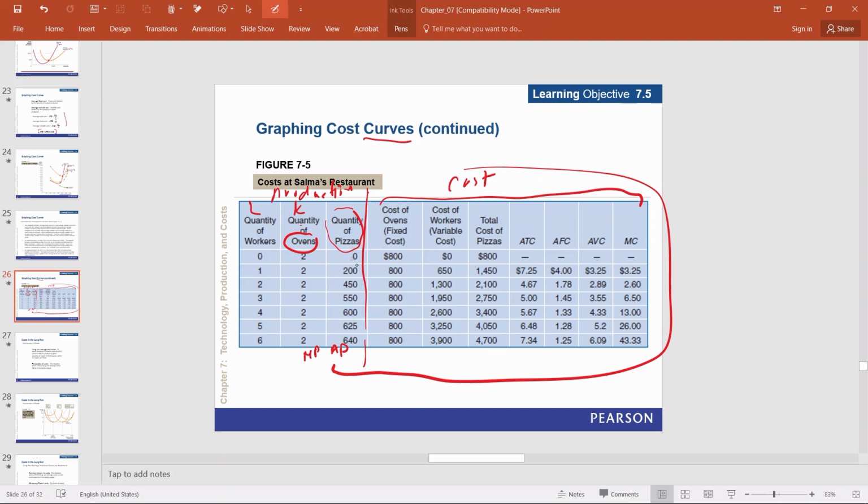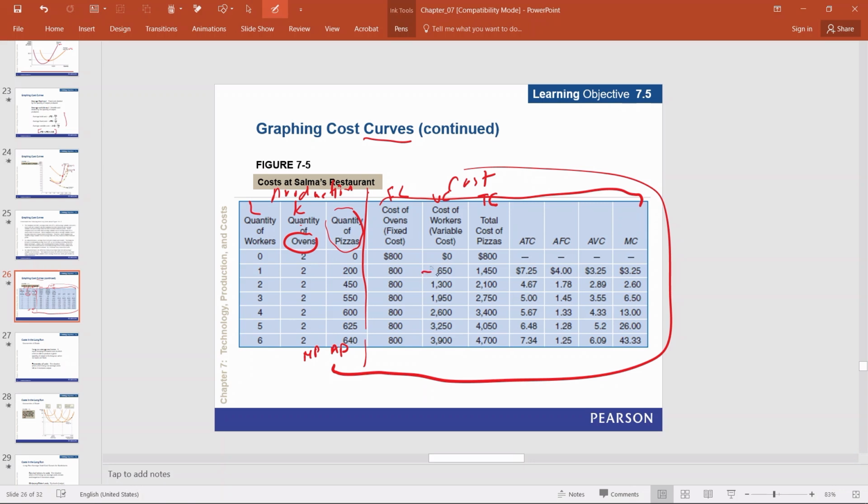When production is 0, no labor is used or hired, then this is the fixed cost. And the fixed cost in this case equals total cost, because variable cost is 0. This is variable cost, this is fixed cost, and this is total cost.